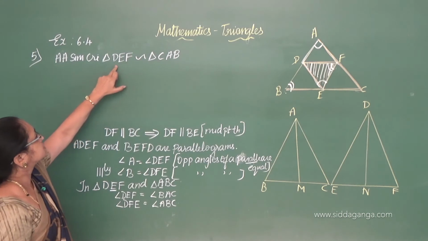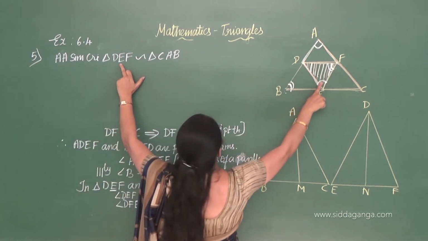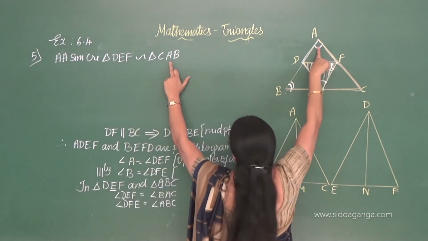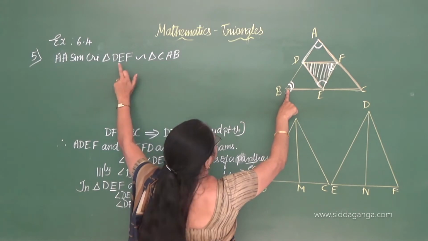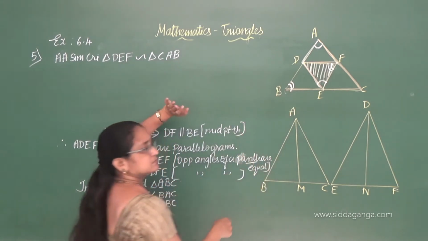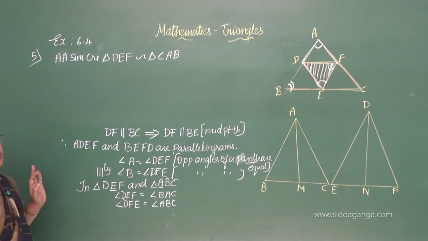Now check whether you have written the similarity correctly. Similar triangles DEF means angle E is equal to angle A, correct? Next, angle B is equal to angle F. Correct. Understood? Now these two are similar. I hope you understood this.